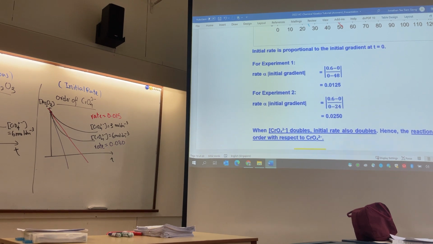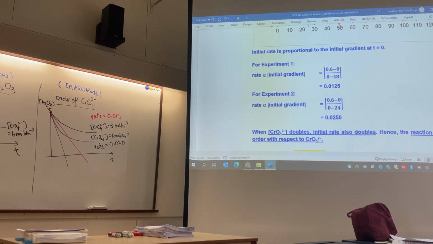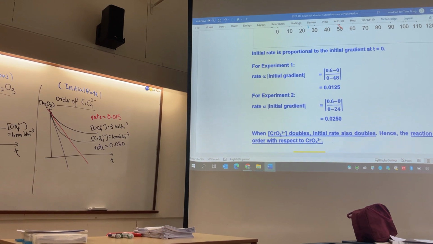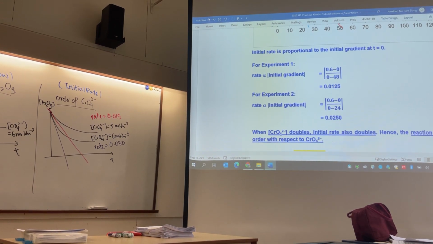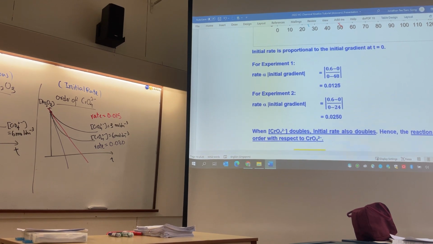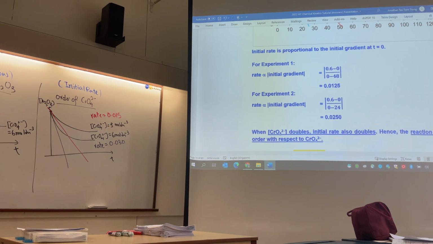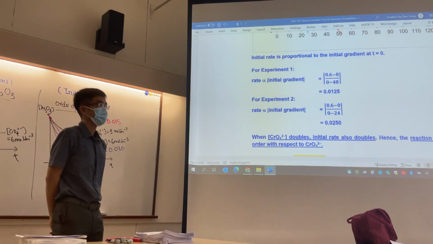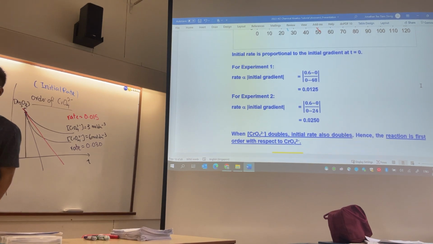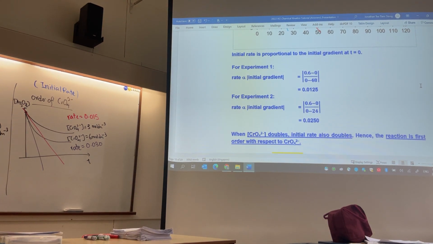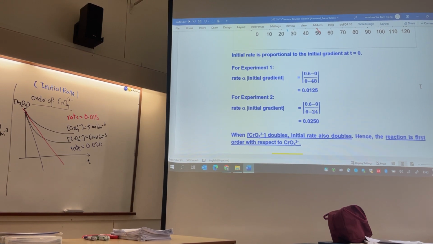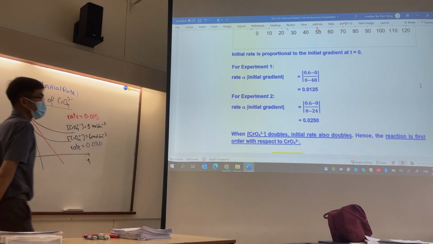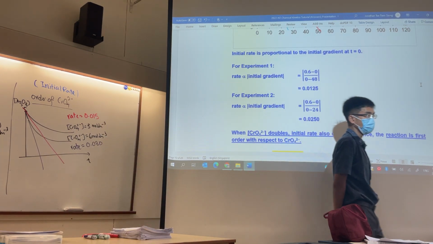In this case, yes, because rate is defined as change in concentration per unit time, which is basically what the gradient gives us in this case. One more minute, then we will move on to the next part of the question.